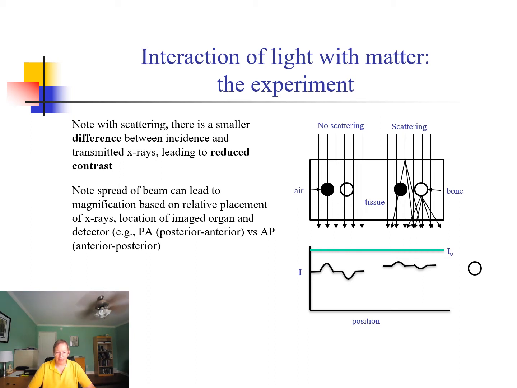And so what that means is that if I look at the initial intensity, I will still have an attenuation or reduction as it passes through the tissue, but now the difference in intensity through the air and through the bone are going to be smaller compared to the background because of the scattering. And that scattering, therefore, will decrease the contrast between this dark area of my air and this white area of my bone and the actual tissues, because the signal is actually smaller.